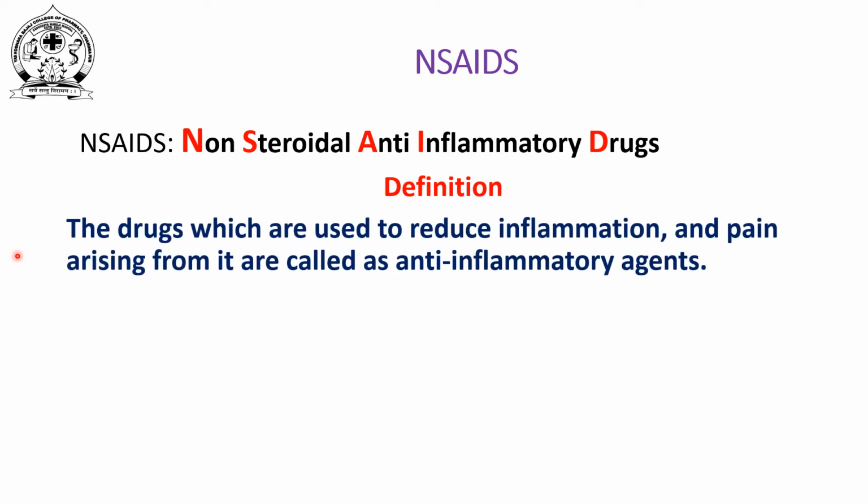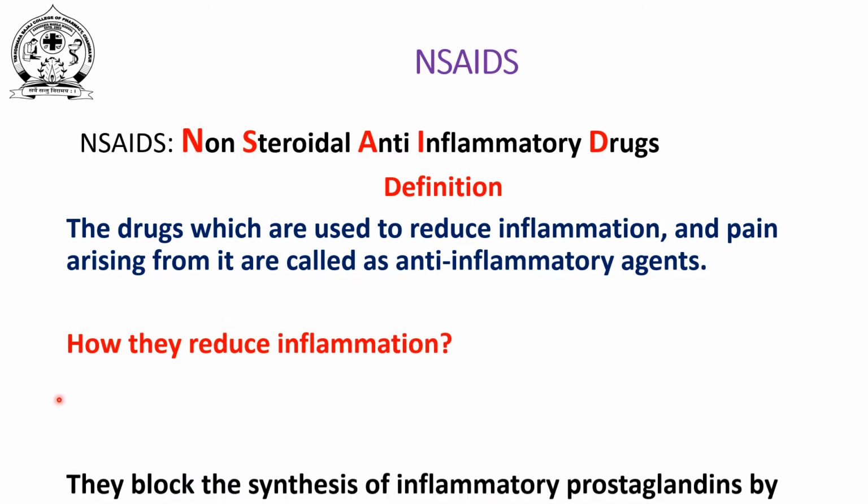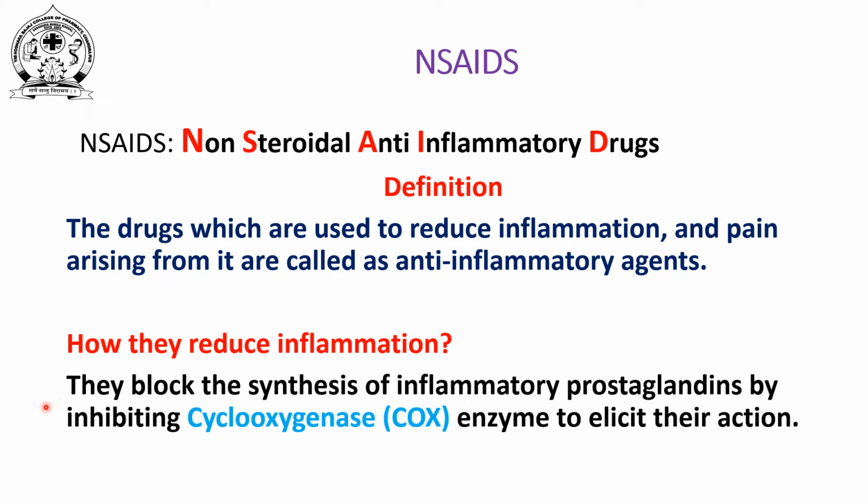The drugs which are used to reduce inflammation and pain arising from it are called anti-inflammatory drugs. How are they reducing the inflammation? They block the synthesis of inflammatory prostaglandins by inhibiting the cyclooxygenase enzyme to elicit their action.